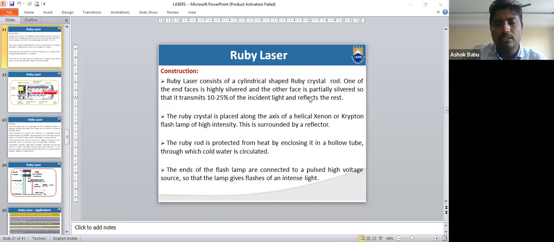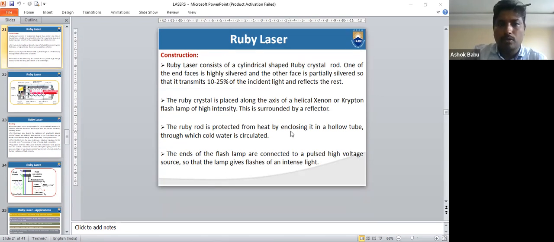This is surrounded by a reflector. The ruby rod is protected from heat by enclosing it in a hollow tube through which cold water is circulated, nothing but the cooling chamber. The total operation takes place in the cooling chamber. The ends of the flash lamp are connected to a pulsed high voltage source, so that the lamp gives flashes of intense light. This is about construction.